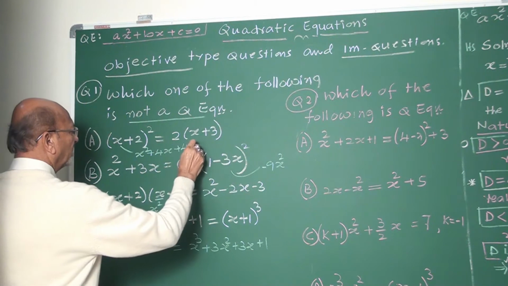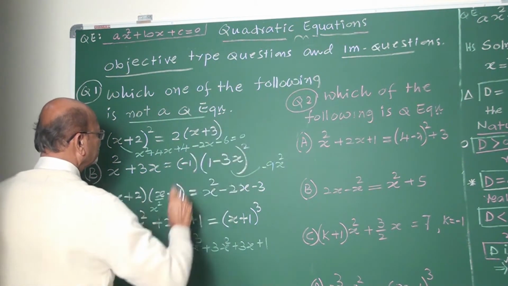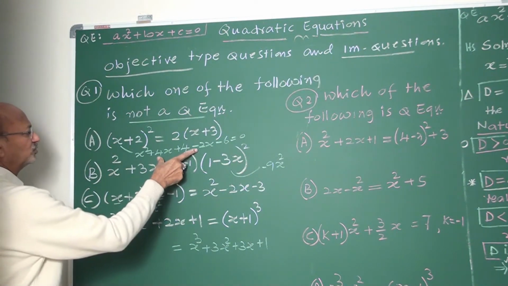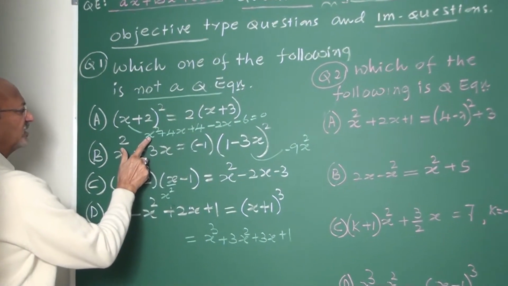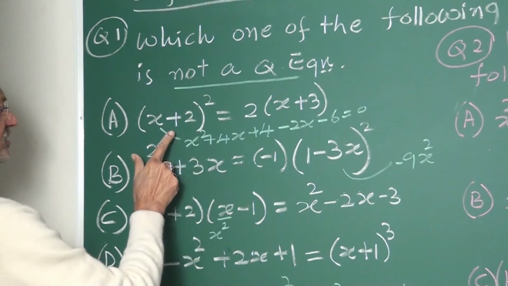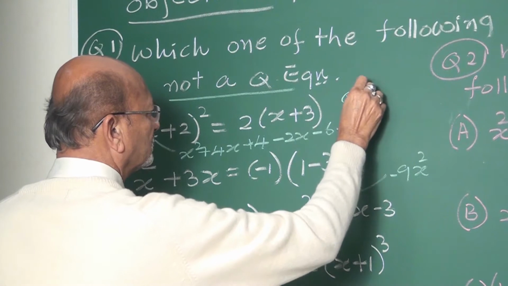Minus 2x minus 6 equal to 0. It is what? X square plus 2x minus 2 equal to 0. This x square doesn't cancel. Then it is a quadratic equation.